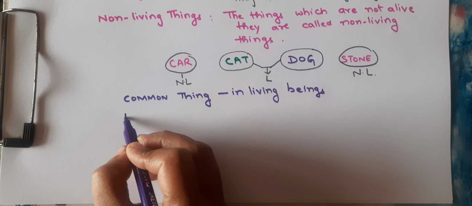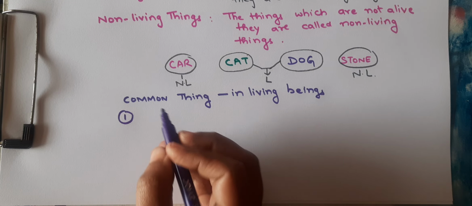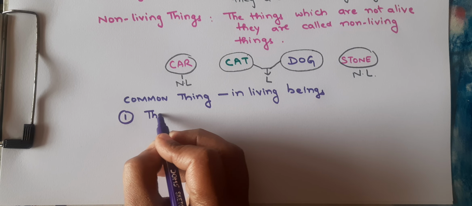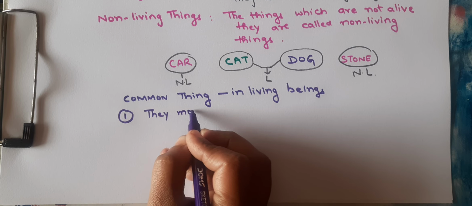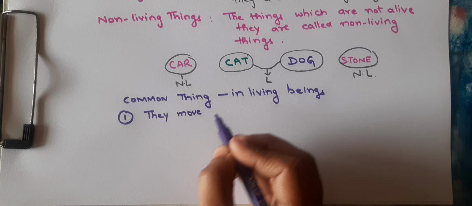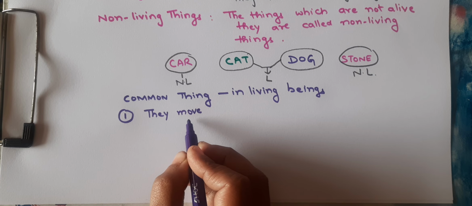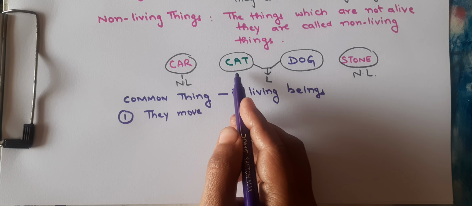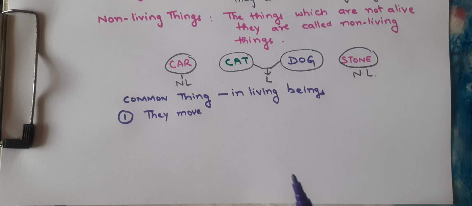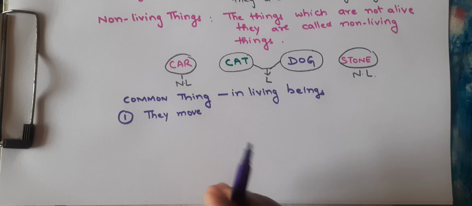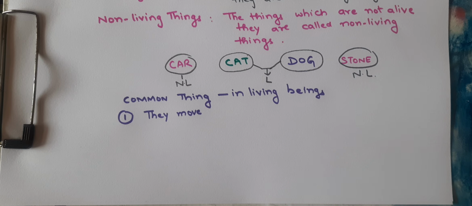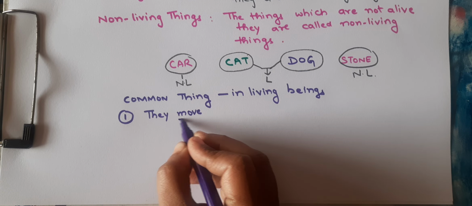First of all, the first thing: they move. The living things, they move. If you observe a cat, the cat will not stay at one place. One minute she is here and one minute she will be in another place, so they are moving.